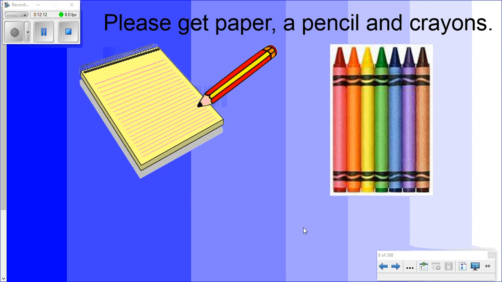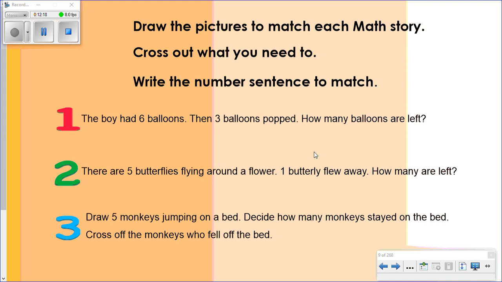Once you have the supplies, then we're going to be ready to begin our work. Here's what you will be doing on your paper. I'm going to read through and explain this, and then certainly you can pause the video as you're working on it, so don't try to work on it while I'm explaining.